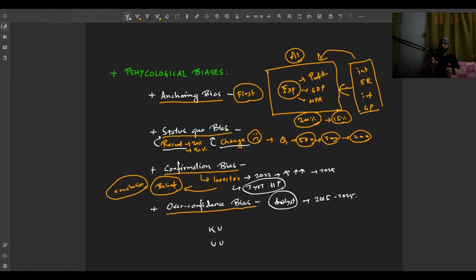All these new learnings, if the analyst is not going to learn, and if this analyst is overconfident that whatever judgments the analyst is making is going to be 100% foolproof, this is called overconfidence bias. Here, two kinds of things are happening. One is known unknowns are not being analyzed.